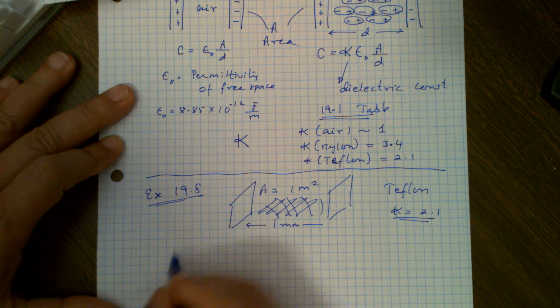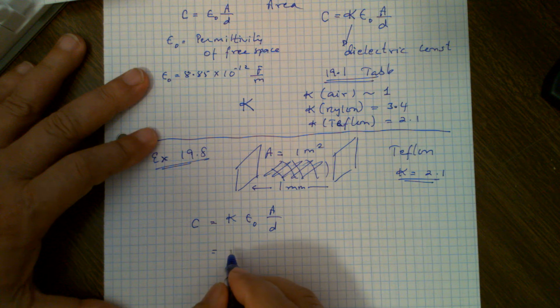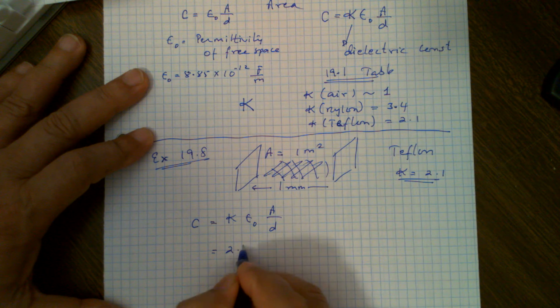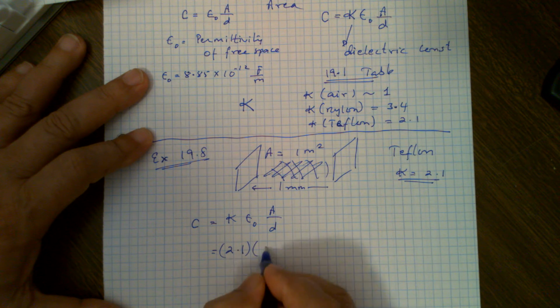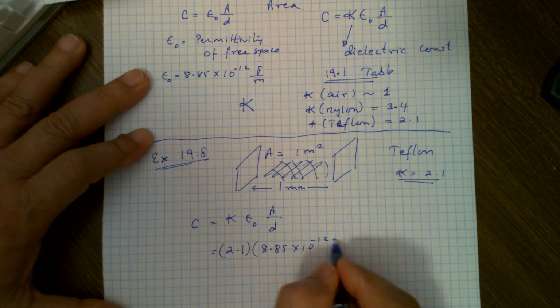So then I'll have to use this formula, which is C is equal to kappa epsilon naught A by D, right? So it's straightforward substitution. Kappa is 2.1 for Teflon. Epsilon naught is, as usual, 8.85 times 10 to the negative 12 farad per meter.